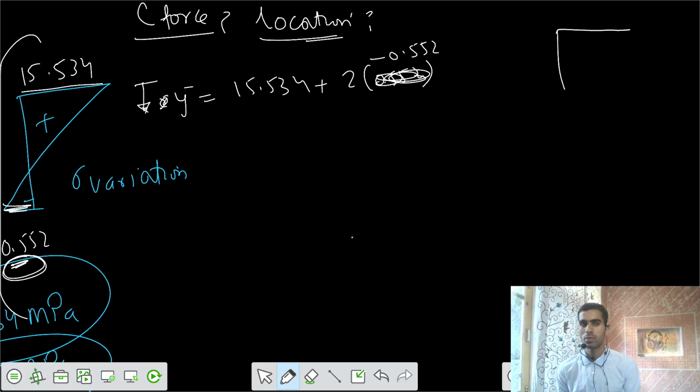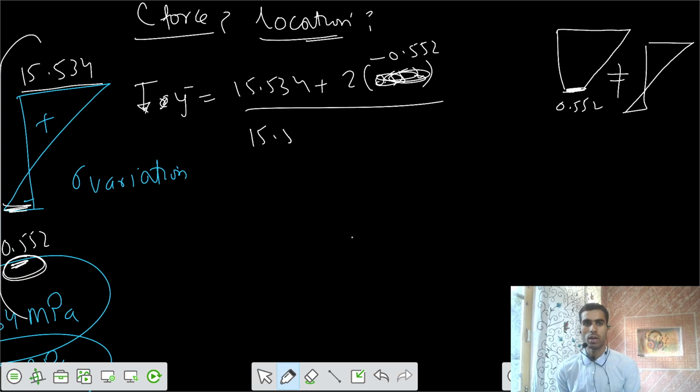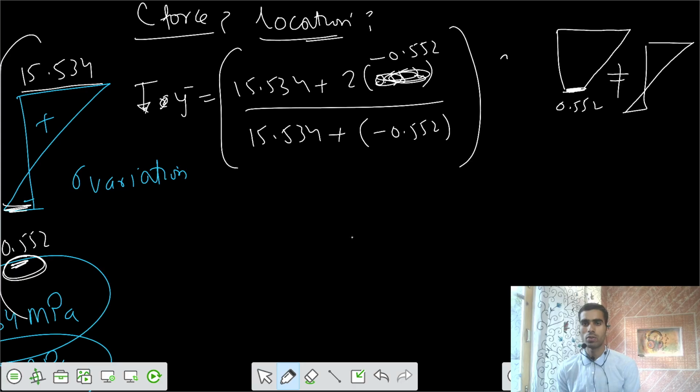There is a difference between 15.534 and this value of 0.552 in this direction. This is not the same, so we have to calculate this resultant in this way. Then 15.534 plus minus 0.552, multiplied by the total length of 900, and you divide by 3. So you can solve for that resultant.